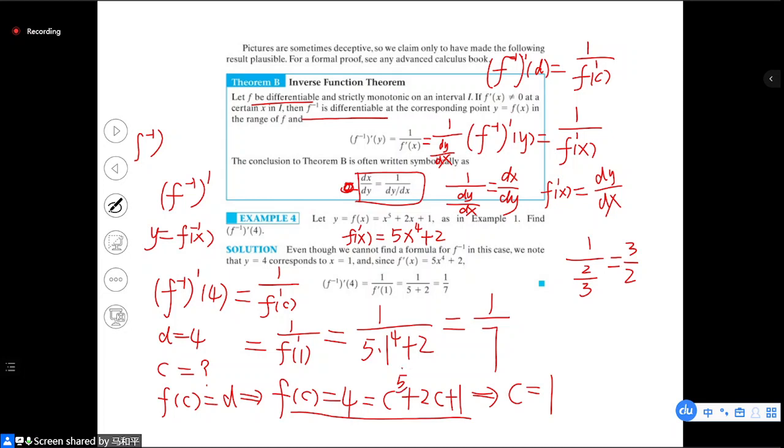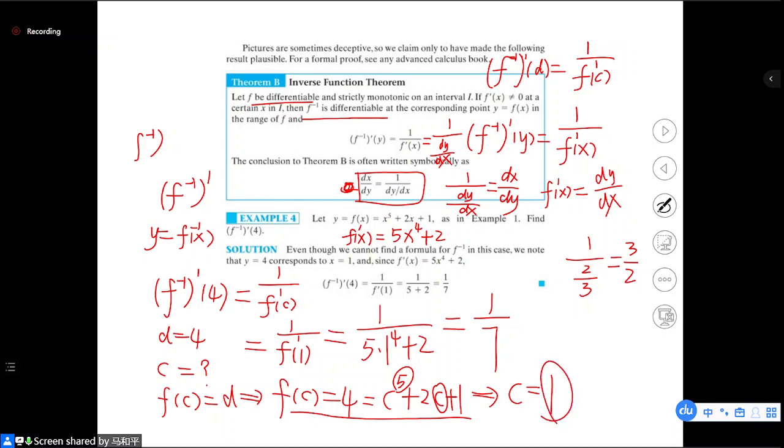The power is 5, so I also don't know how to solve for c. We just have a test number c. I just choose c because it's easy to test. c is 1: 1 to the power 5 plus 2 times 1 plus 1.